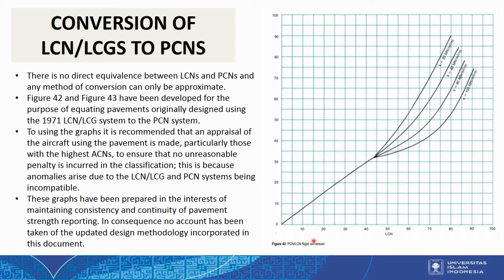So this is the figure for conversion of the LCN to PCN. This is the LCN number. If we have the LCN number or value, we can plot it here, and then we project it vertically until we meet the curve based on the K here.